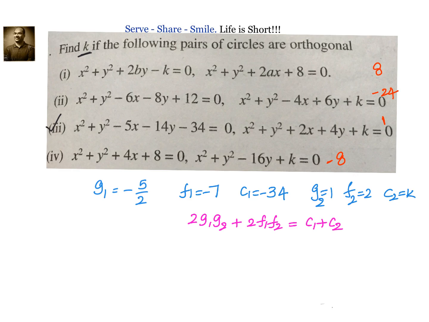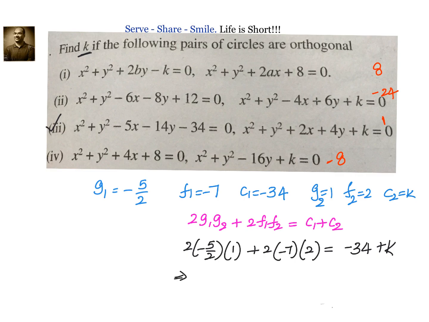The concept is important. It doesn't matter whether you use g1 g2 or g dash. It's only for your convenience. 2 into minus 5 by 2 into g2, that is 1, plus 2 into f1, minus 7, into f2, that is 2, equals c1, minus 34, plus c2, that is k.